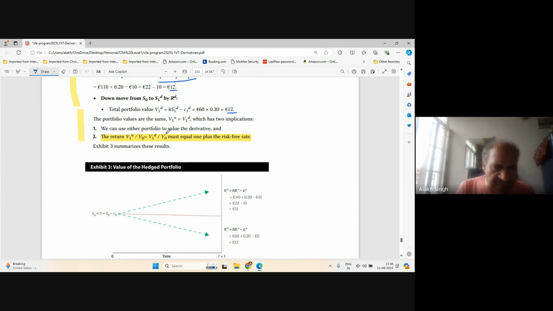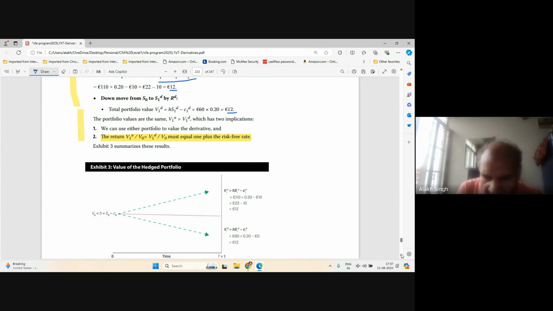So how will we calculate? The return V1U by V0 or V1D by V0 must equal 1 plus the risk-free rate. Since both V1U and V1D are equal, the return V1 by V0 should be the same, and that will be the risk-free rate.